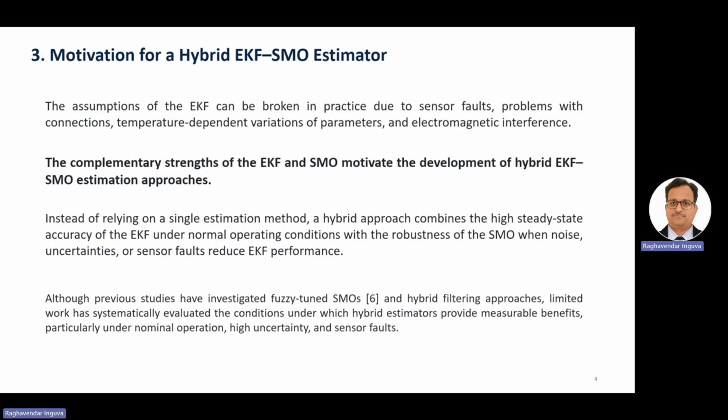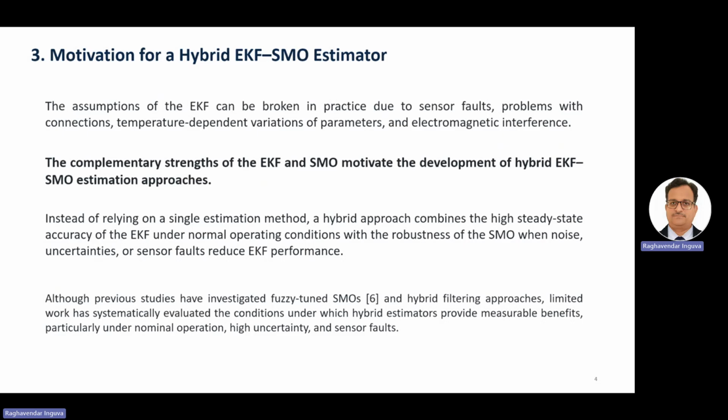As I told you, during harsh conditions, SMO will give us a good result. During normal or nominal conditions, EKF will give us a good result. So during nominal conditions, we'll use EKF, and during harsh conditions where there is huge noise and an initial estimate error, we will switch to SMO.